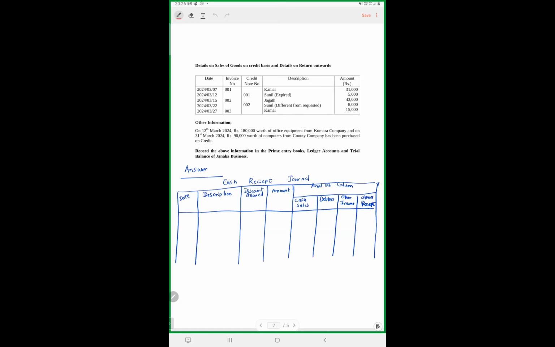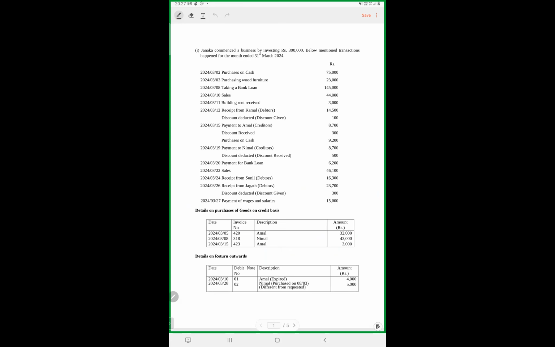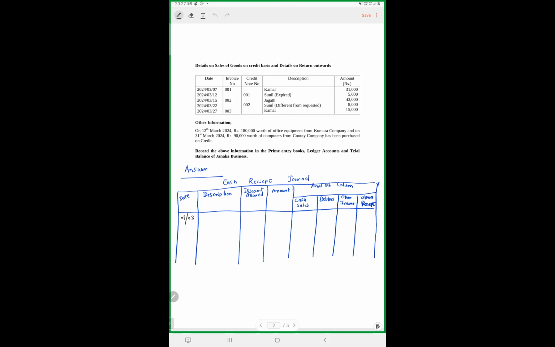In the cash receipt journal, date, let's assume 1st of March, because all the transactions happened in the month of March. We assume that Janaka started the business on 1st of March. Then description, capital.